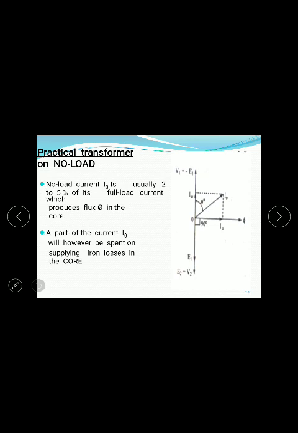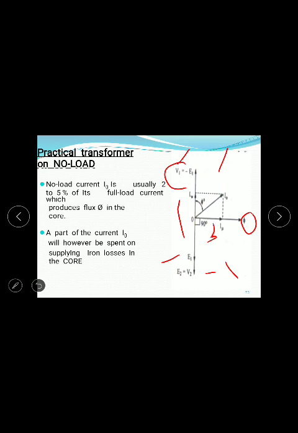See here, this is V1, and the flux is the reference for the primary side and secondary side, and E1 is a counter EMF which opposes V1. E1 and E2 or V2 are the same. Here E1 lags the flux by 90 degrees.